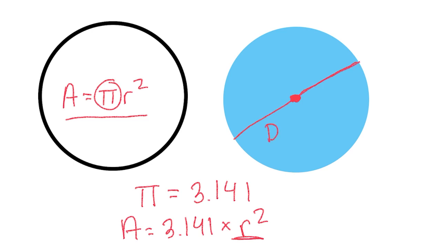So if you're ever given the diameter equals 9 inches, you'll know that the radius, again, is half the diameter, so it will equal 4.5 inches. Again, it goes from that center point to one side where the diameter reaches the full length of the circle.